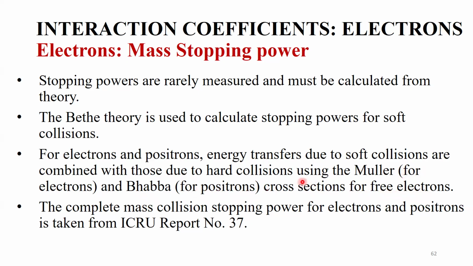So these methods are concerned with high energy electrons, when we talk about electrons or even positrons. The complete mass collision stopping power for electrons and positrons is taken from the ICRU report number 37.